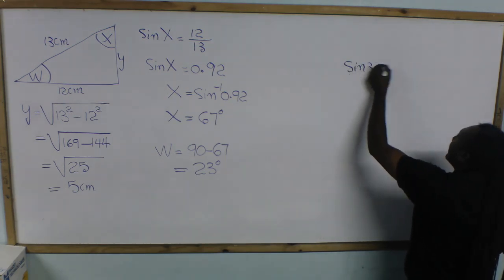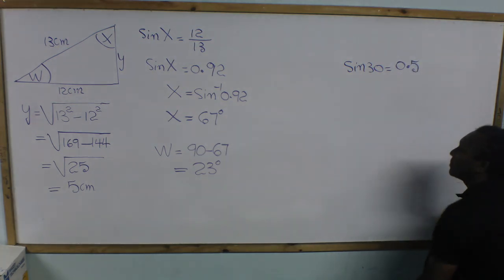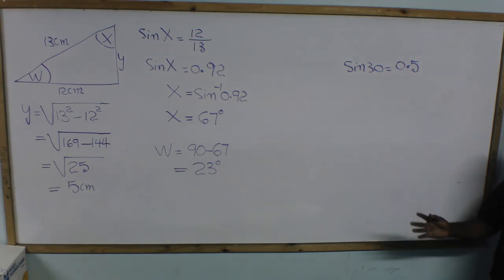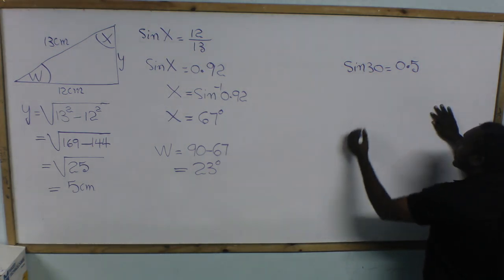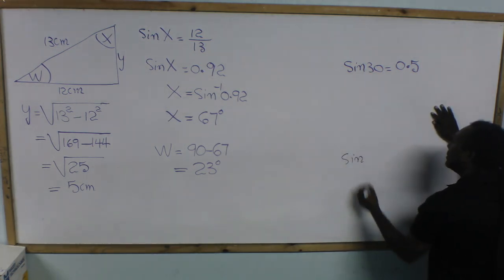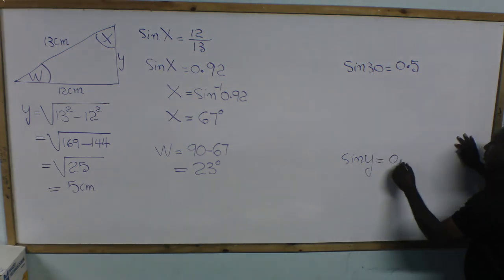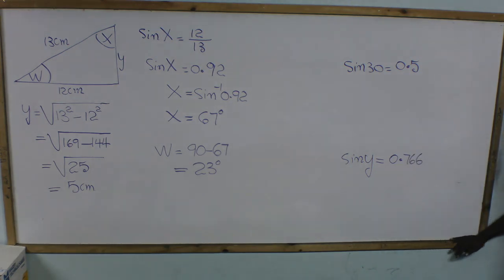Now sine of 30 is equal to 0.5. Right? Sine of 30 is equal to 0.5. But if we have the sine of an angle, and we do not know the angle, so we have what?